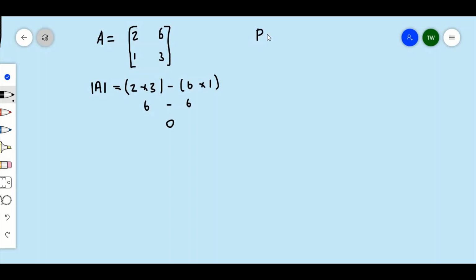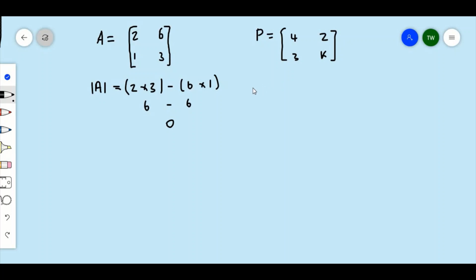And matrix P is defined as 4, 2, 3, and say K. And I tell you that P is a singular matrix, you must determine the value of K. Now, if P is a singular matrix, then the determinant must equal 0.